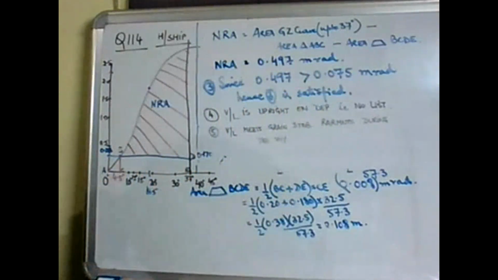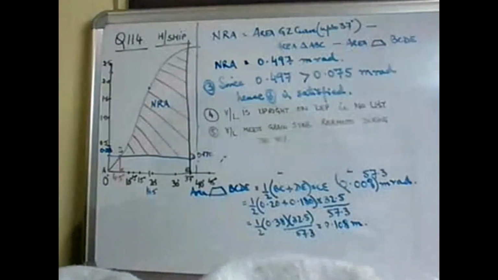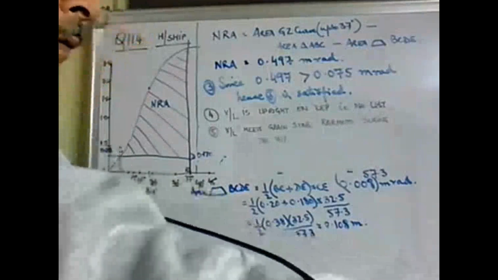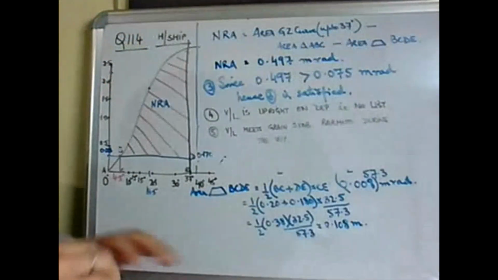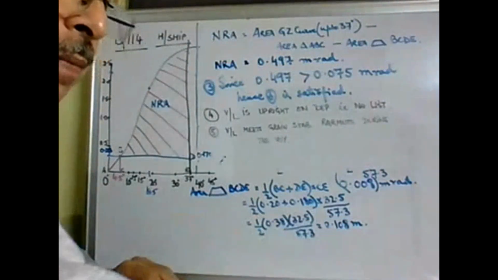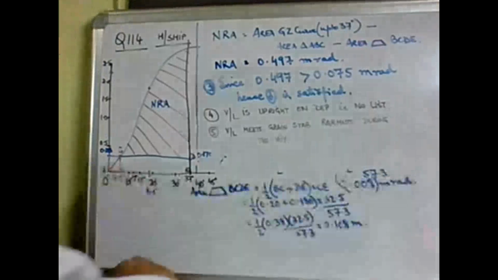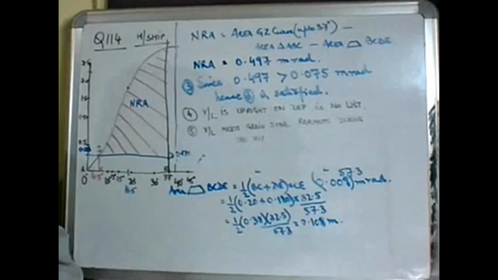This is the 5th point. So these are the 5 requirements for a vessel to load grain. The last one is vessel meets grain stability requirements during the voyage. Okay, sir.